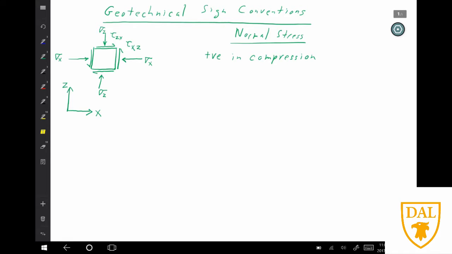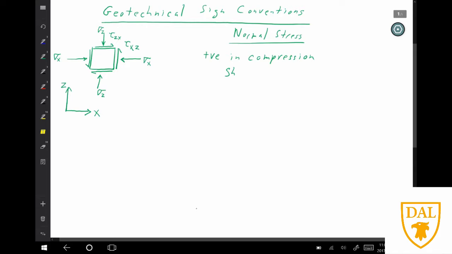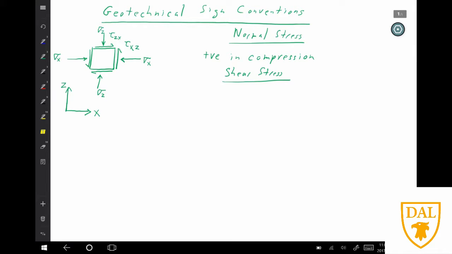So now the sign convention. Basically the way I look at it is that a positive shear stress acts on a positive face in the positive direction.